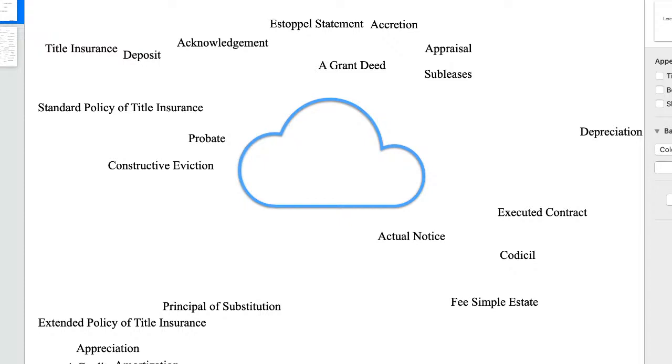Okay, so the 4 essentials of a valid contract are mutual consent, lawful object, consideration, and capable parties. Mutual consent, lawful object, consideration, and capable parties.